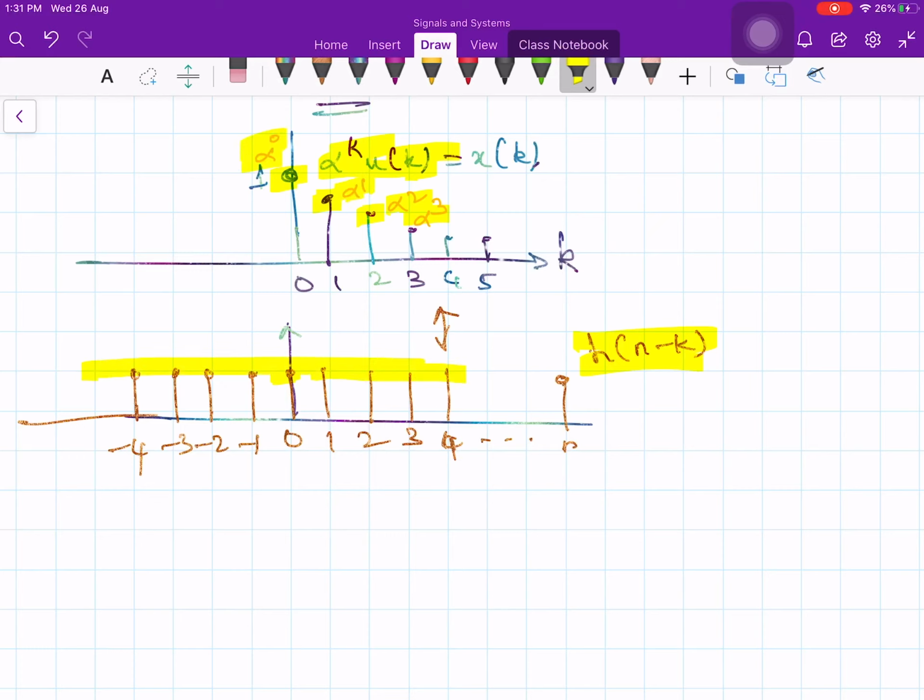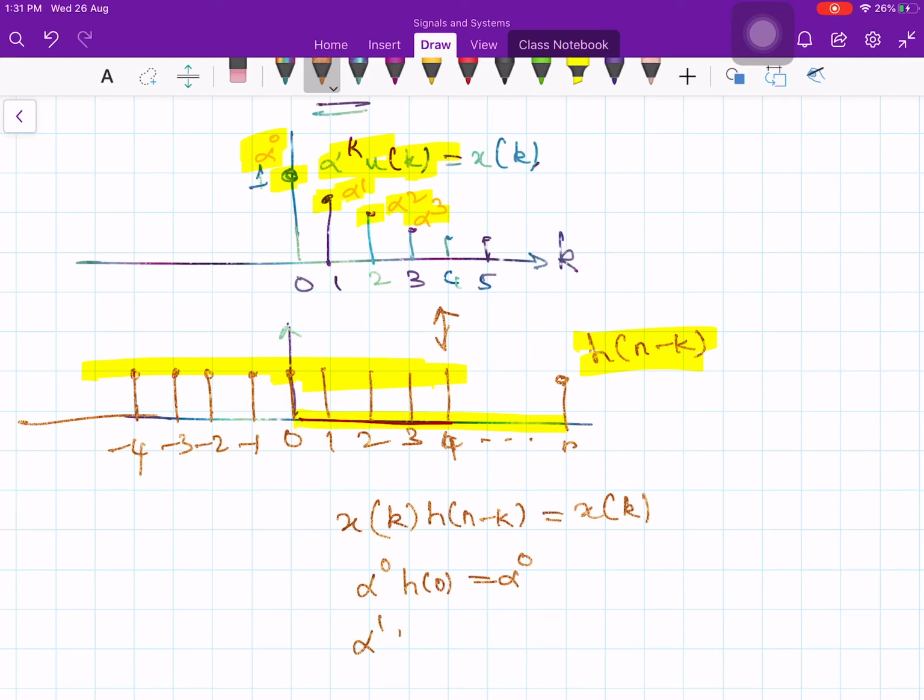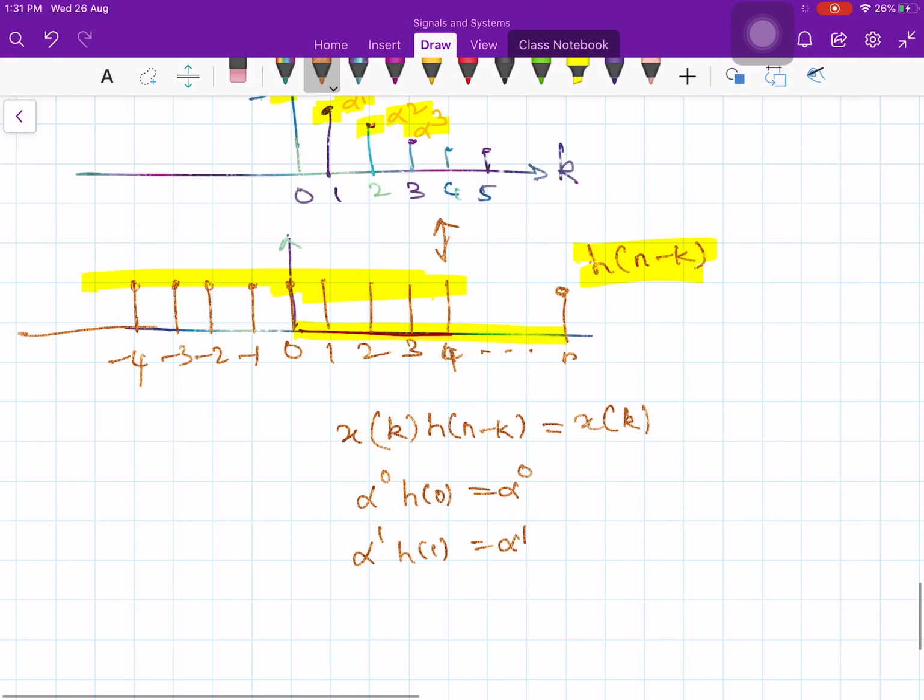Therefore, in the positive region, in this range, after you multiply, what you get is x of k multiplied by h of n minus k is equal to x of k itself, because alpha to the 0 times h of 0 is equal to alpha to the 0, alpha to the 1 times h of 1 is again equal to alpha to the 1, alpha to the 2 times h of 2 is equal to alpha to the 2.